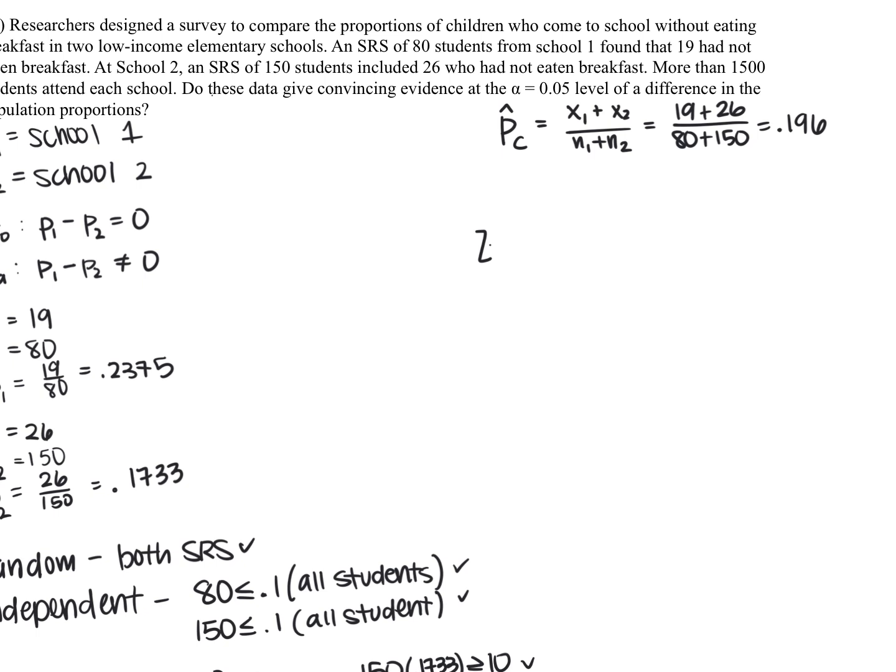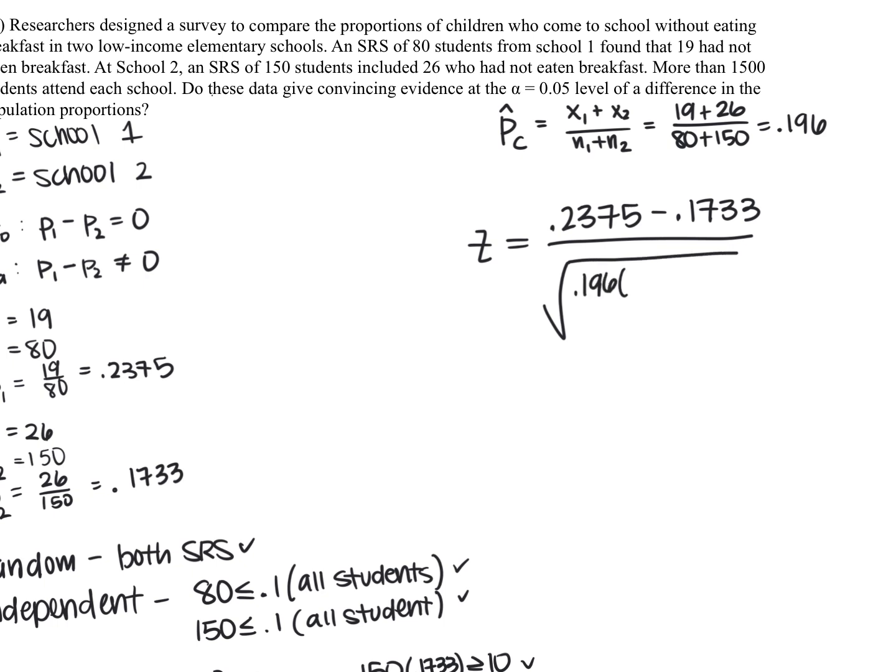So for my z, I'm going to have 0.2375 minus 0.1733 all over the square root of 0.196 times 0.804 over 80 plus 0.196 times 0.804 over 150.